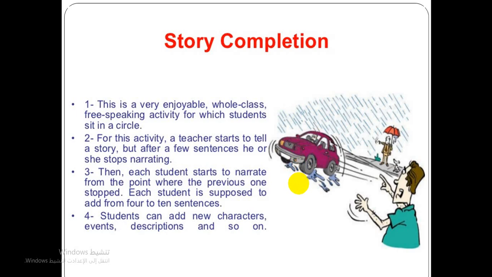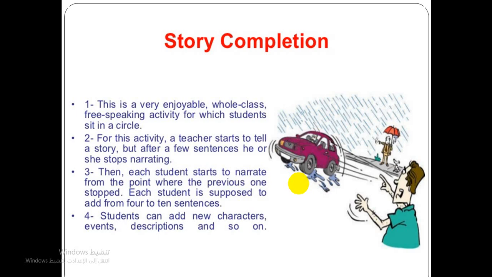Then each student starts to narrate from the point where the previous one stopped. Each student is supposed to add from 4 to 10 sentences, and students can add new characters, events, descriptions, and so on.